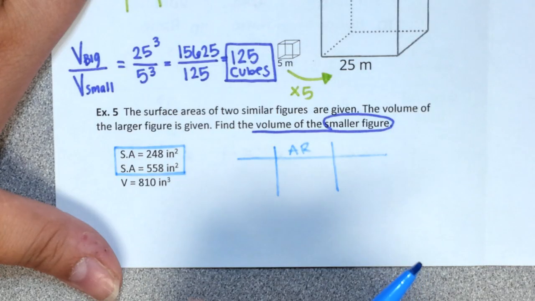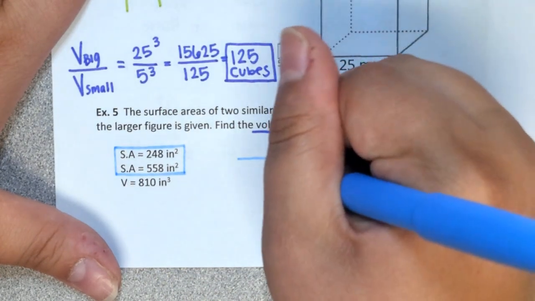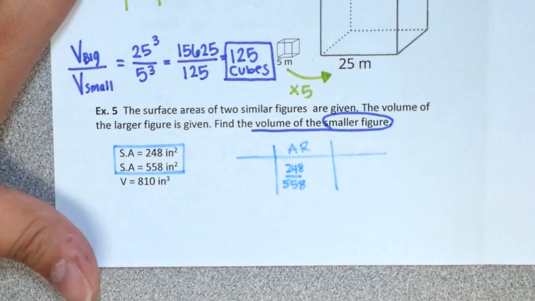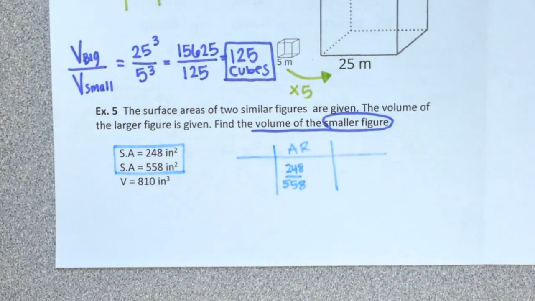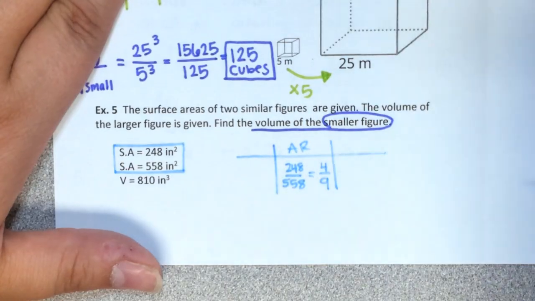The smaller one. Why the smaller one? Because I want the smaller number. So 248 divided by 558 is what? 4/9. Does everybody agree that's 4/9?